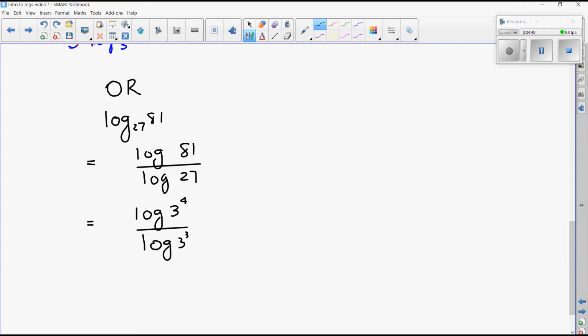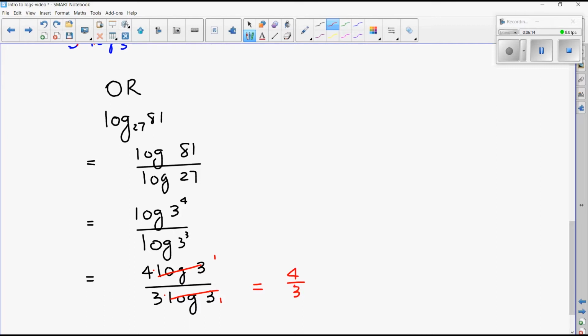Once again, we apply the power rule, so this gives me 4 log of 3 over 3 log of 3. And the log 3 divides into log 3, because 4 log 3 implies 4 multiplied by log 3 times 3 multiplied by log 3. The log 3's divide into one another, and you get the same answer. You get 4 over 3.